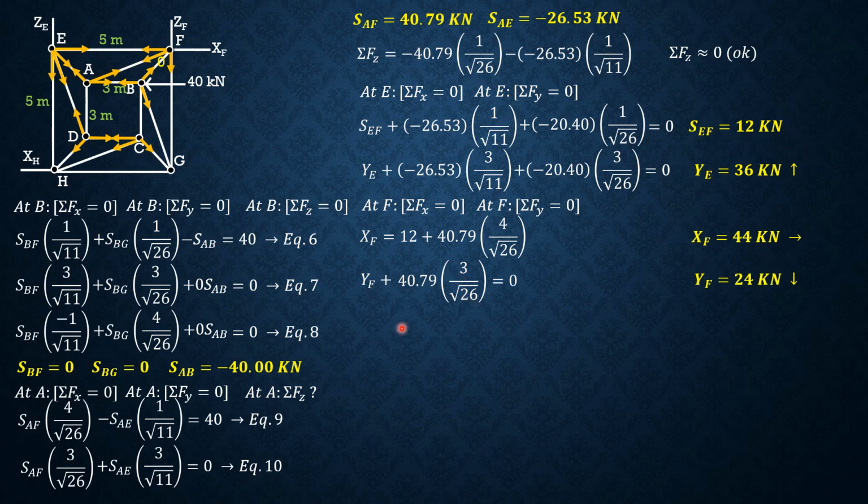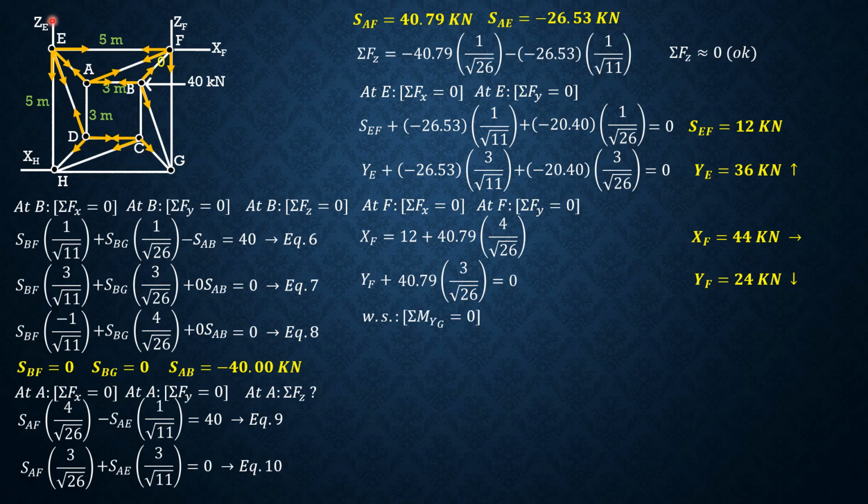So YF is negative, so that means YF is downward. So 24 kilonewtons downward. So 36 here upward, 24 here downward. Then we cannot sum up forces along Z because there are two unknowns, G sub F and this force in FG. So instead, we go back to the whole system.